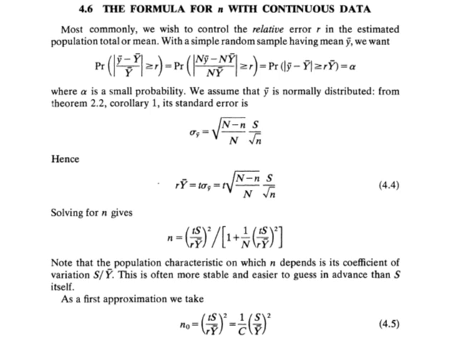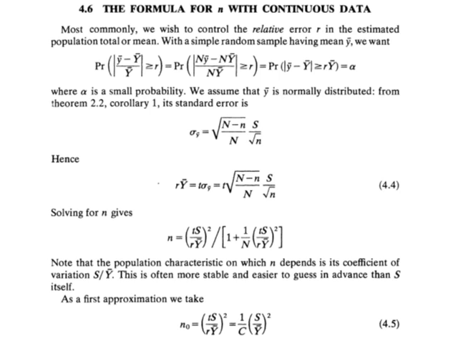4.6, the formula for n with continuous data. Most commonly, we wish to control the relative error R of the estimated population total or mean, with a simple random sample having mean ȳ.